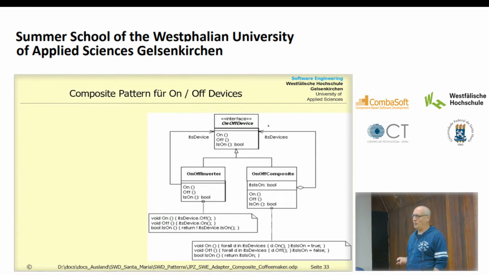And an on-off composite is a special on-off device consisting of on-off inverters and on-off composites. At the end you have all on-off inverters in the tree. All leaves cannot be further refined, are not composites anymore, all are basic structures.